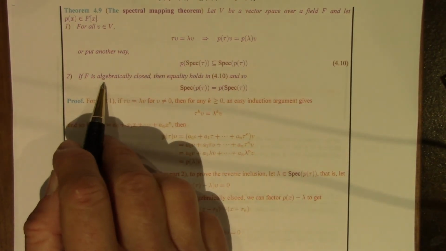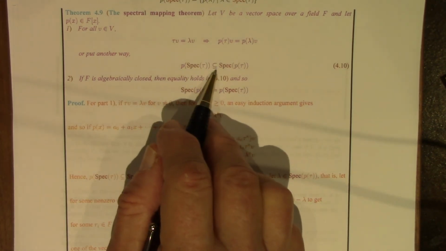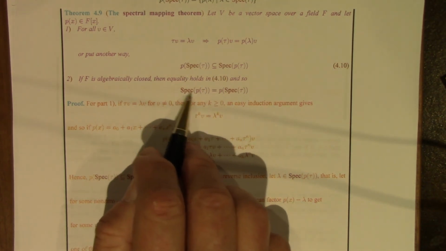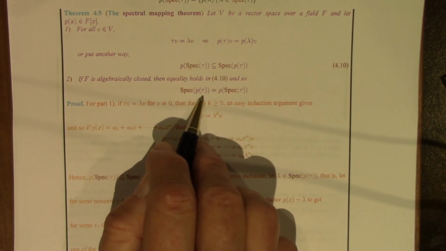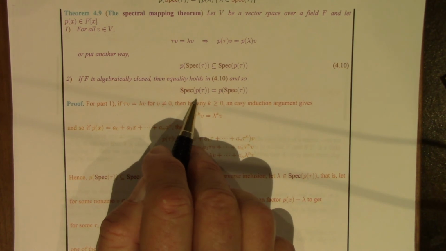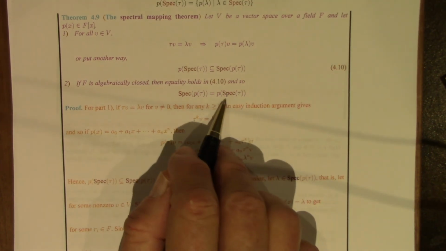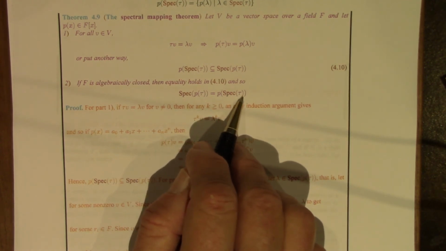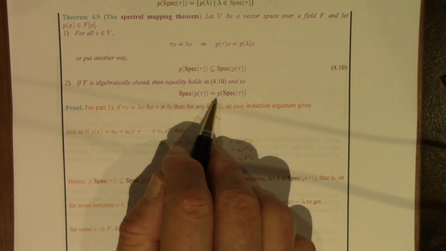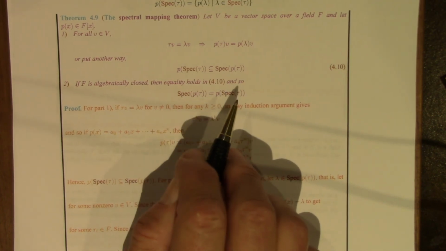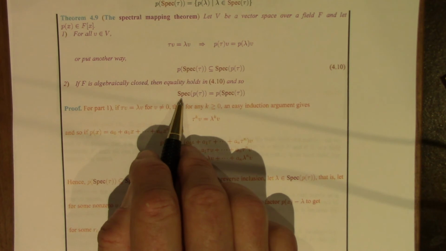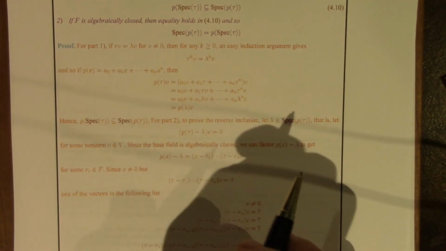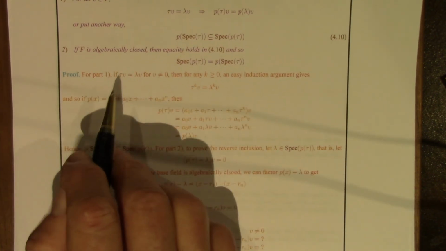When F is algebraically closed, this inclusion becomes equality. So the spectrum of P of tau is precisely the set you get when you apply P of X to the eigenvalues of tau. The polynomial P sends the eigenvalues of tau to the eigenvalues of P of tau. And here's the proof, or a proof.